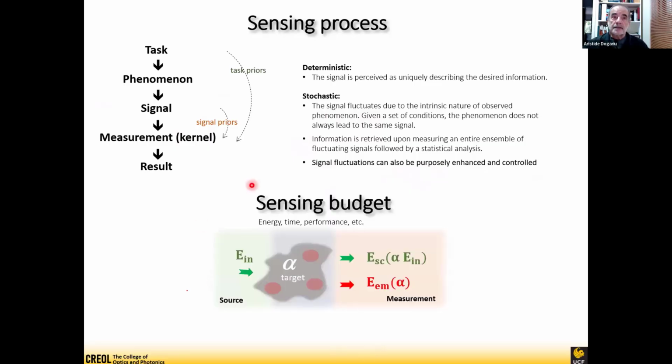Now, in deciding which kind of procedure to follow, I need to take into account what I would call the sensing budget. Any kind of sensing process is either an active process, in which a field is incident on the target and something is detected as a result of that interaction, or one in which electromagnetic fields are generated by the target itself.